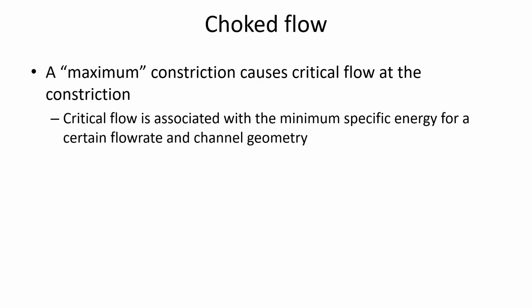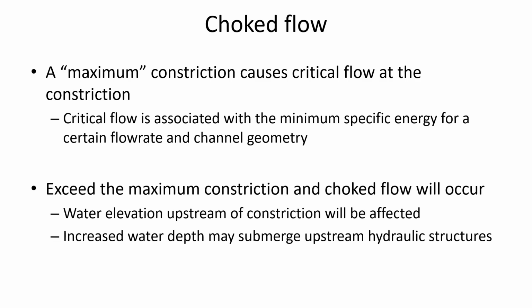It's the most efficient depth. And if you go beyond that, if your constriction, meaning the height of the obstruction, is larger, then choked flow will occur. The upstream depth will get deeper in order to generate enough specific energy to overcome the obstruction.